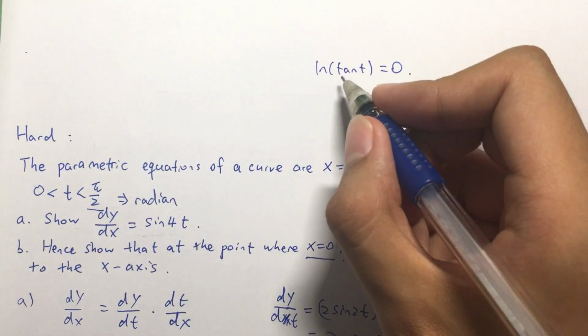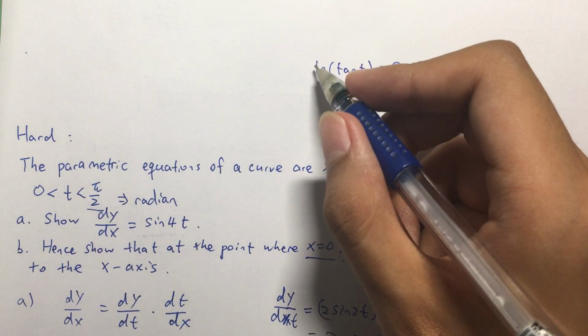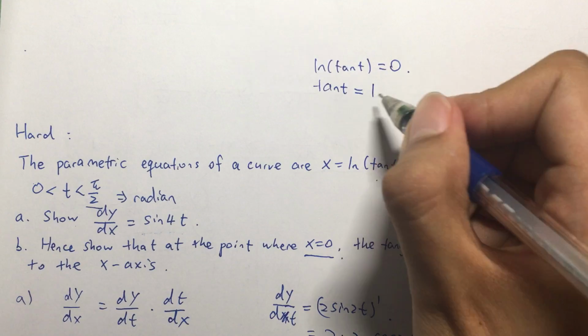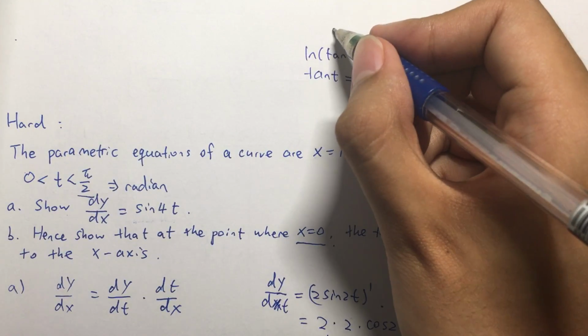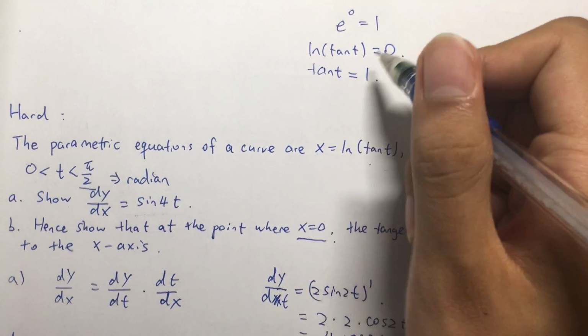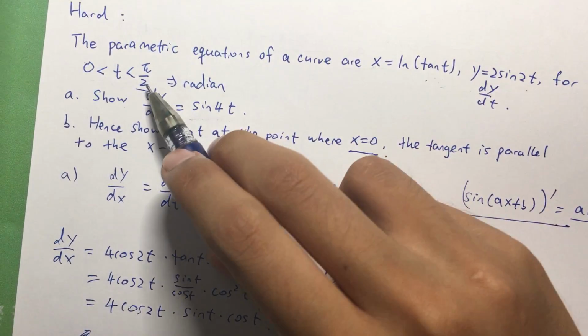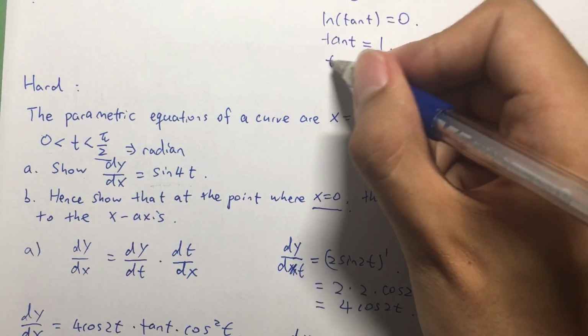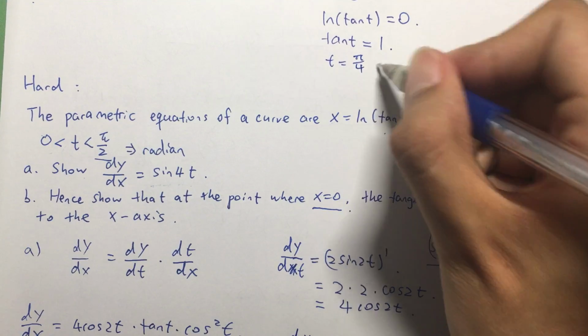So we have tan t is equal to 1, because e to the power of 0 is equal to 1. And because t is greater than 0 and smaller than pi over 2, t is equal to pi over 4 only.